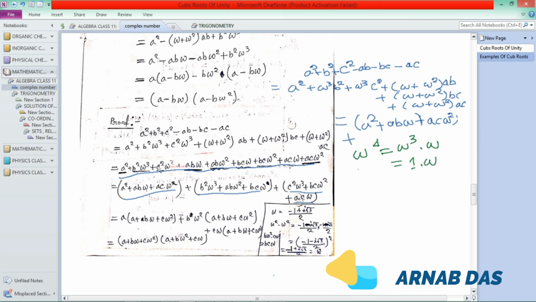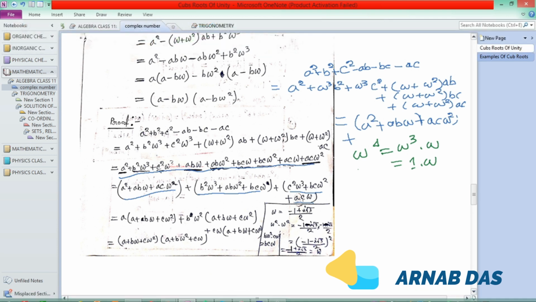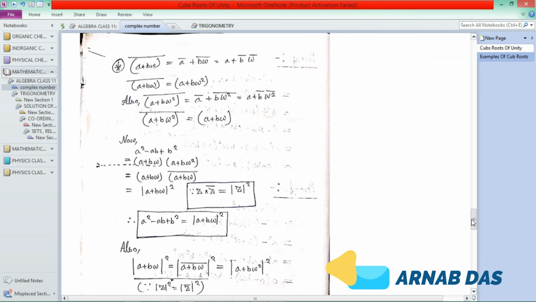So the multiple of b omega square into c omega square is also bc omega, because omega to the power 4 equals omega. So in this way you can see these results, and after this now I discuss the very important things.